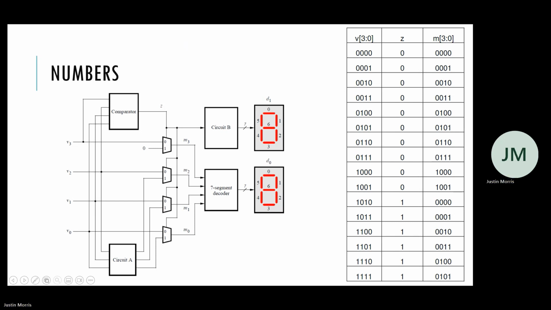But we saw in the previous lectures that I need to have this 7-bit code to tell me what number to display on the 7-segment display. So I can't just simply give it the 4 bits that represent the number and expect it to just work.